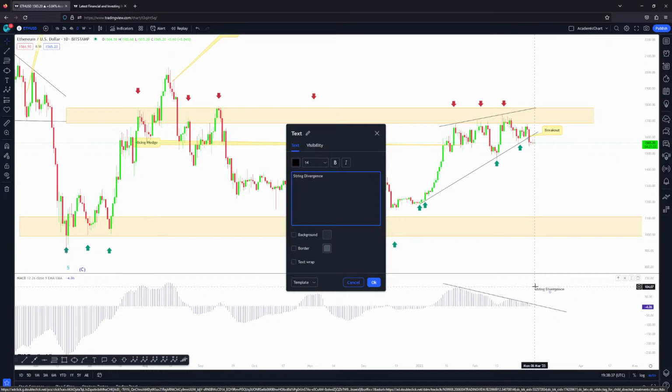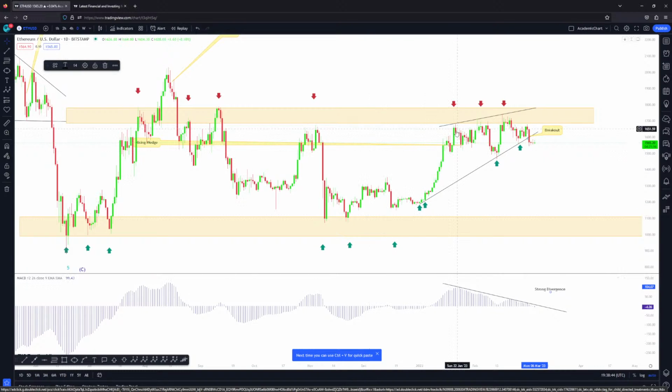If you don't really know what that is, this is happening when price is continuing to move in the same trend. Here it is bullish, just an uptrend, but we are seeing the completely vice versa situation on MACD.